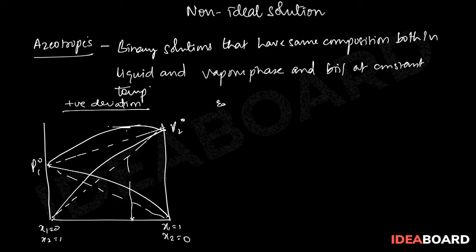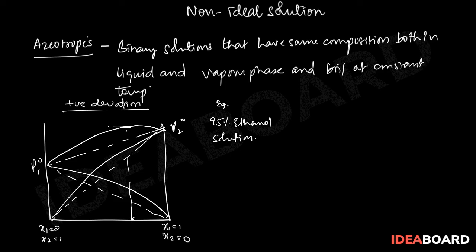An example is the 95% ethanol solution with water, also called rectified spirit, which is a positively deviating azeotrope. So it is a positively deviating solution and it forms an azeotrope at 95% ethanol. In this way the solutions which positively deviate form minimum boiling azeotrope.